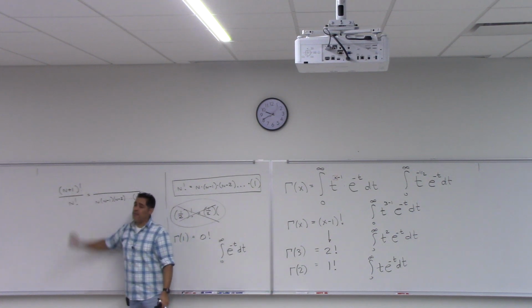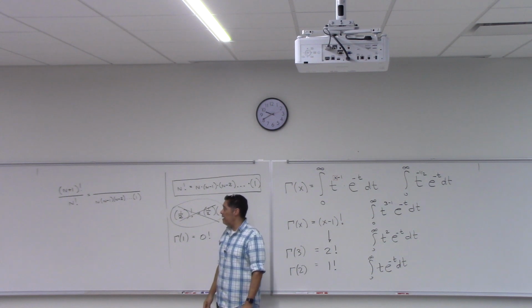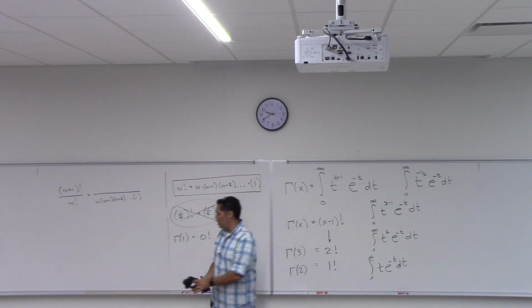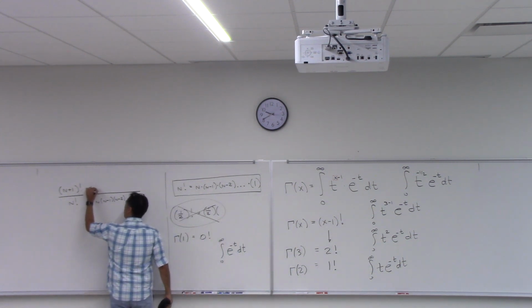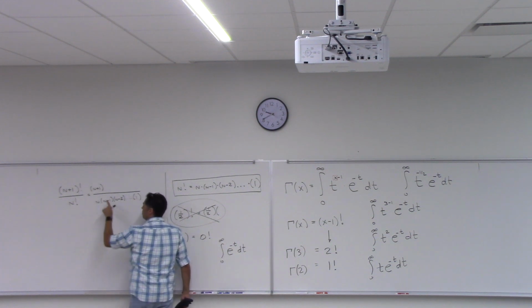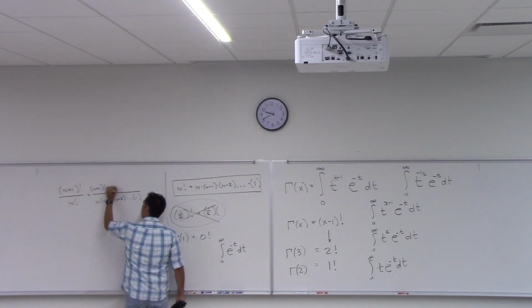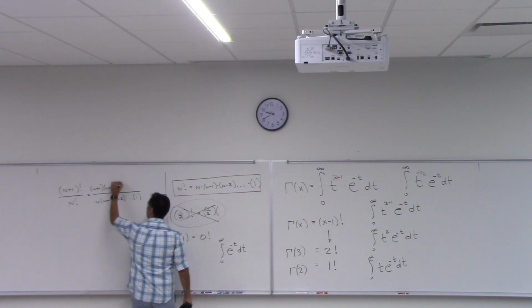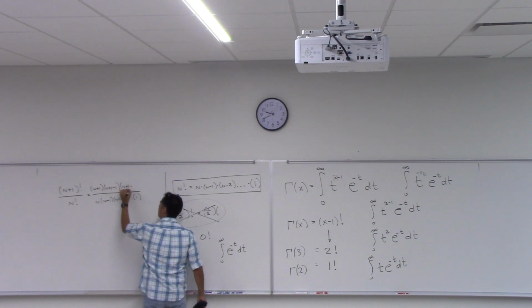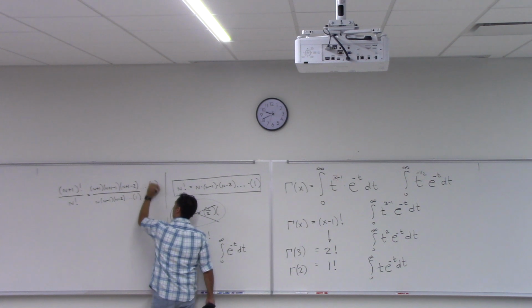N plus 1 factorial, where do you start? You don't start at n, you start at n plus 1. Then you take n plus 1 and subtract 1. So what's n plus 1, take away 1? Then we do the n plus 1 and take away 2. And then we do the same thing until we get down to 1.